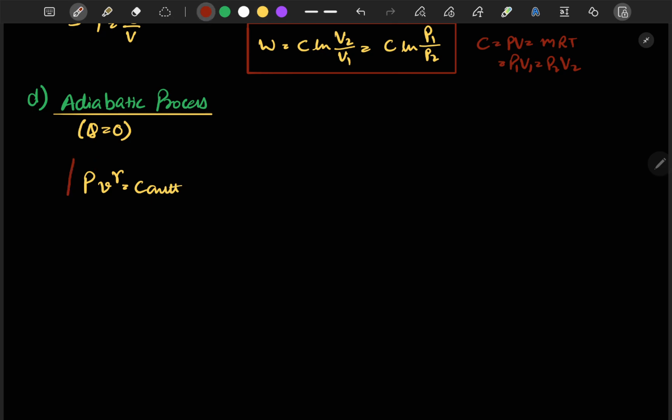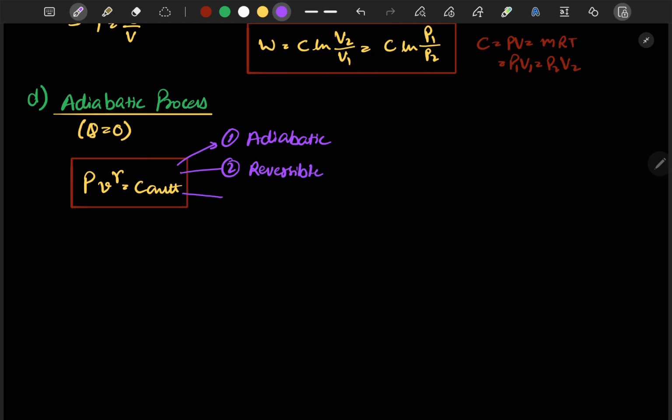Now there are three conditions to apply this equation. Let me mention them all here. The first condition is the process must be adiabatic. The second condition is the process must be reversible.